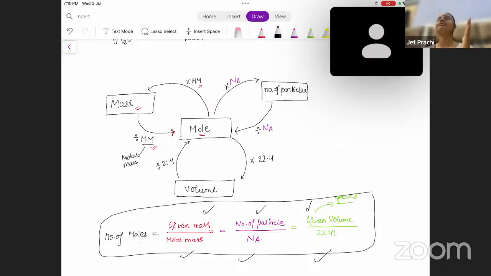And then you have to solve lots and lots of problems so that you understand this well, that whenever somebody says 1 mole, it corresponds to 6.023 into 10 raised to the power 23 particles, and the mass of these many particles is equal to the molar mass, and the volume that is occupied by these many particles, if it is in gaseous form, is equal to 22.4 liters.